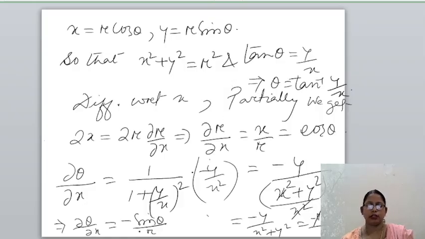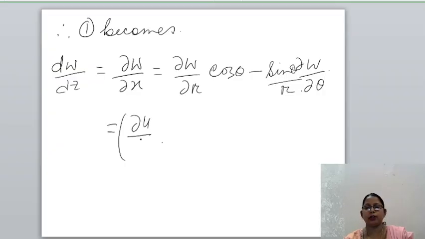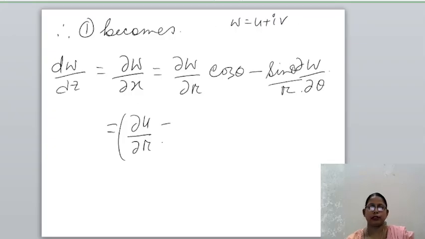So this is minus sin theta by r, this is cos theta. Now w is the function of u plus iv. Actually, w is equal to u plus iv.